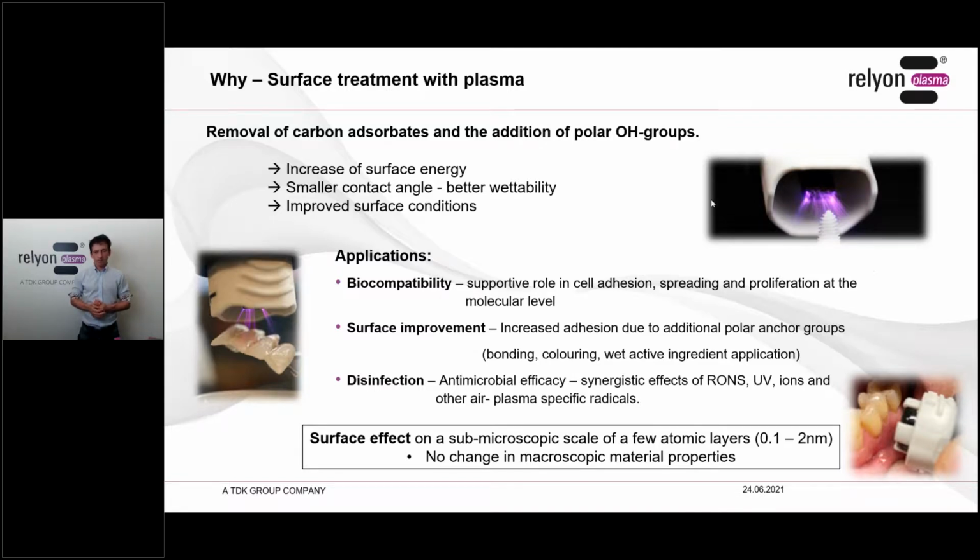I just want to remind you, as we have already shown in a lot of research, that the effect is a surface effect on a submicroscopic scale, which just affects the surface and does not change any of the macroscopic material properties.